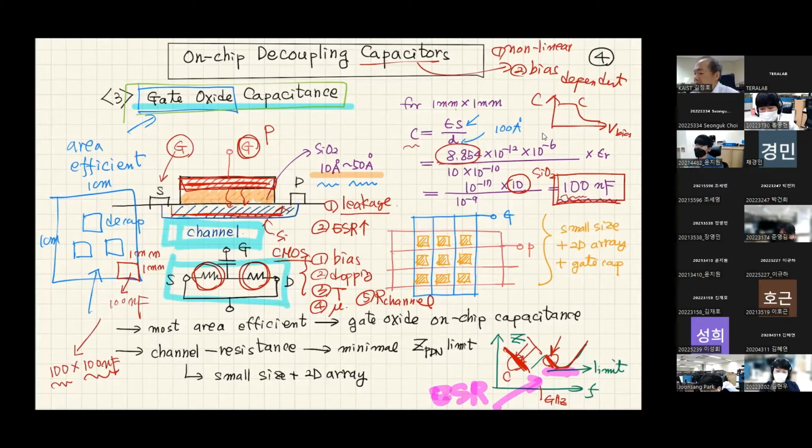So I think this gate oxide capacitance is very usable in this frequency range where you need large capacitance. This is a very effective way with a given on-chip area, but the limitation comes from the self-resistance of this gate oxide capacitance. Depending on grid size, you may have some area.